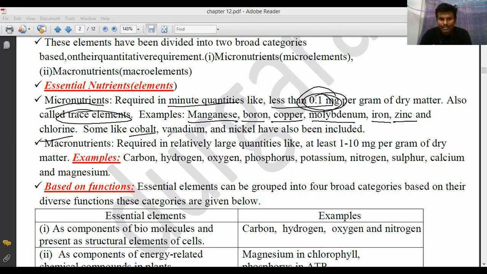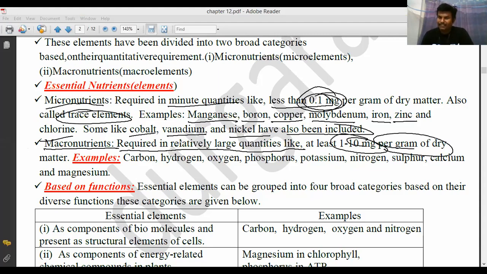Some like cobalt, vanadium, nickel have also been included in micronutrients. These are required by the plants in minute quantity, that is, less than 0.1 milligrams per gram of dry matter. Macronutrients are the nutrients required in relatively large quantities, at least 1 to 10 milligrams per 1 gram of dry matter.